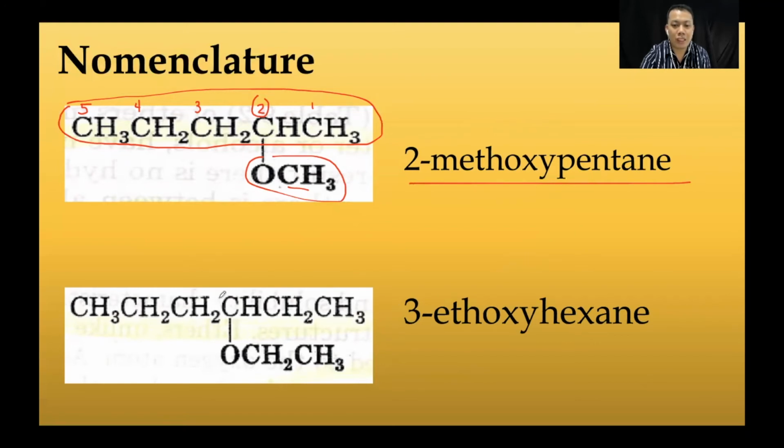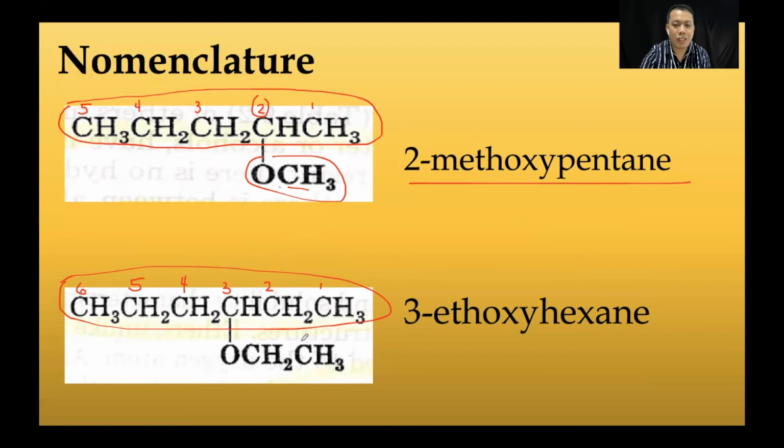On the other hand, you have here 3-ethoxyhexane. So again, locate the longest carbon chain. And then after that, select whether you will start on the left or on the right. Since it is closer to the right, you have to start with the right. So this is 1, 2, 3, 4, 5, and 6.